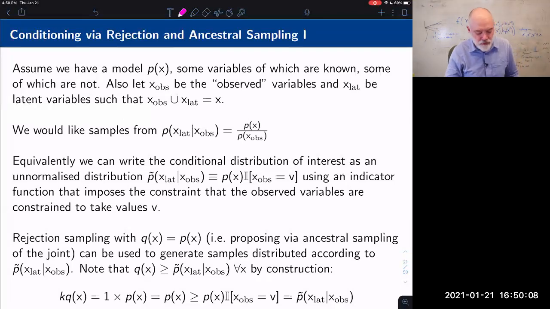So we'd like samples from the posterior distribution of latents given the observeds, and that's of course the joint over the marginal probability of the observations, right? Which means that it's proportional. So equivalently, you can write the conditional distribution of interest as an unnormalized distribution, which is just basically P of x, where x obs is equal to V, and 0 elsewhere.